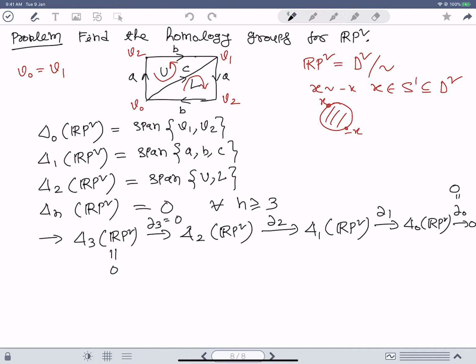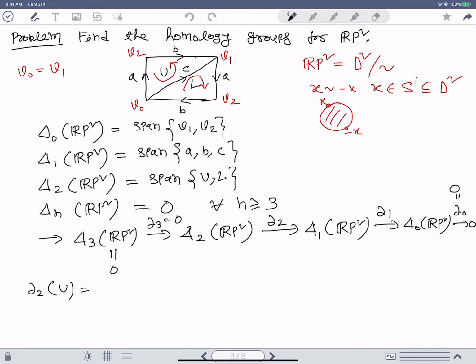Now what is my delta 2 of U? This is the boundary of U. Note that to find the boundary we have to choose the orientation. In the last lecture I found it through the maps, that V0, V1, V2. You can apply this one as well here.